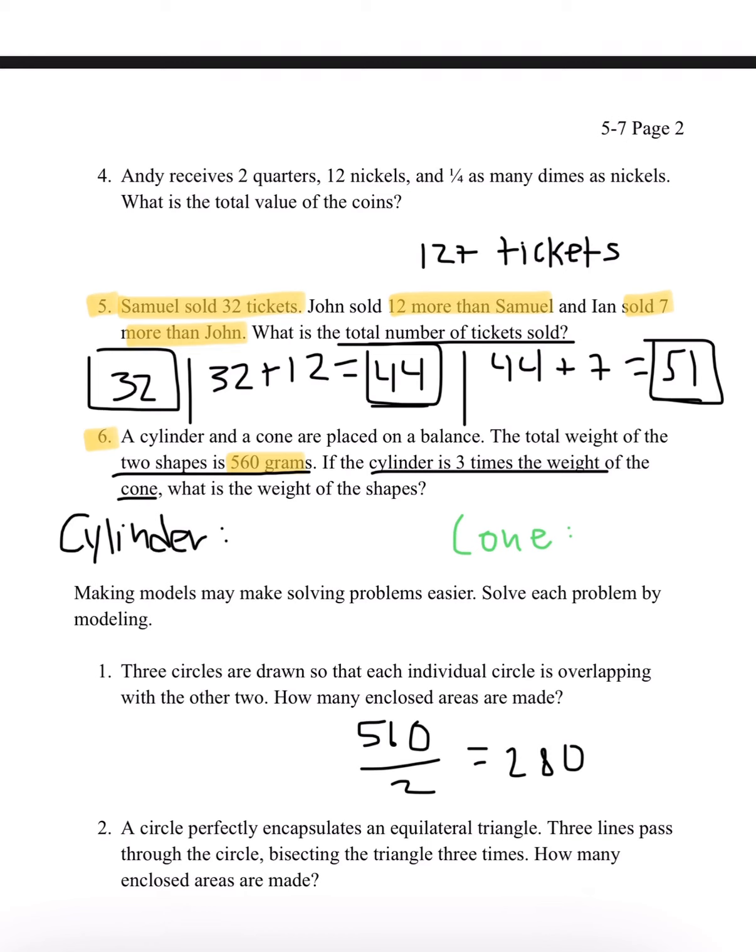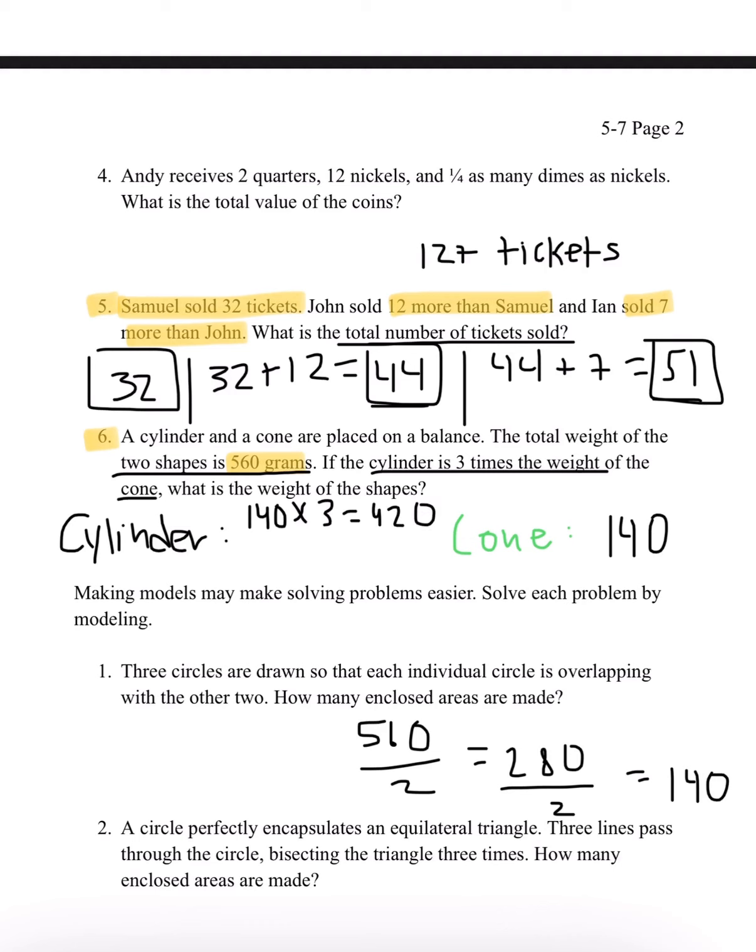So what I'm going to do is divide 280 by 2 again. We get 140. And I think that's a smaller number and we could get 560 in a way. So let's check. It says the cylinder is 3 times the weight of the cone. Let's say the cone is 140. So if the cylinder is 3 times the weight, we take the cone weight, which is 140, and times it by 3. If we times that by 3, we get 420.